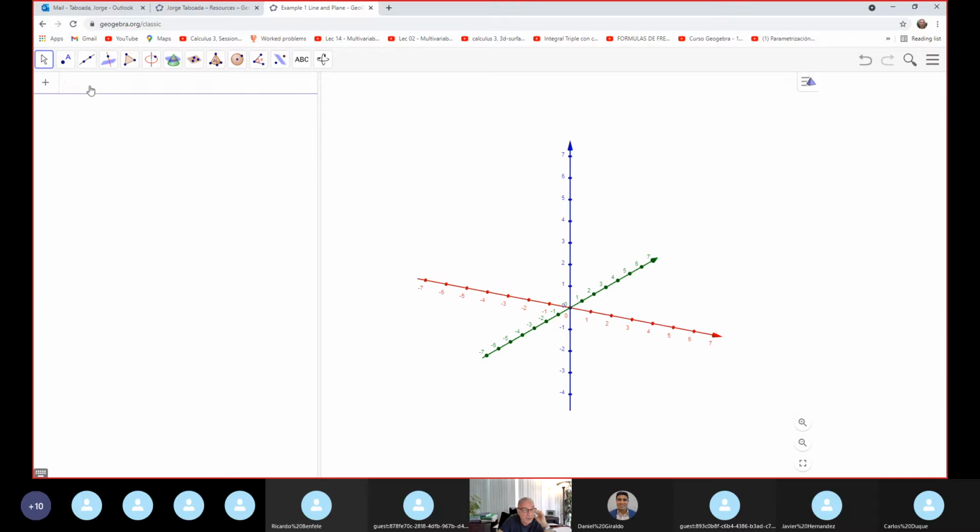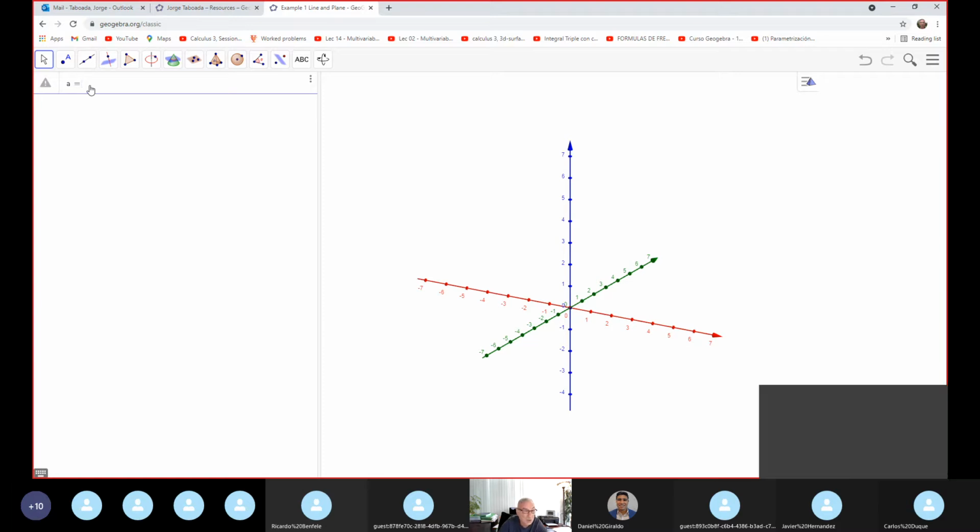I put a vector here. Look at the vector, the vector that we have in our hand. Remember, in GeoGebra, for the vector you put a lowercase letter. I don't know, let me call it A. It's equal. Okay, wait, sorry, do you see GeoGebra? Yes or no? Good.